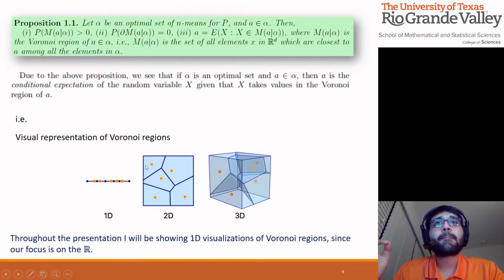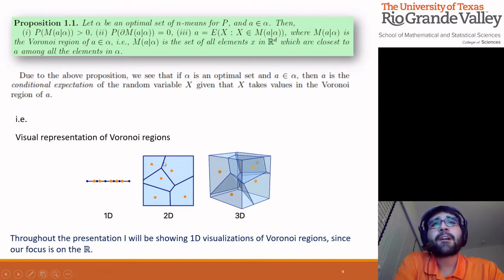Pick any point in this region, suppose here, where I'm placing my cursor. The distance between this point in space is closest to this quantizer.